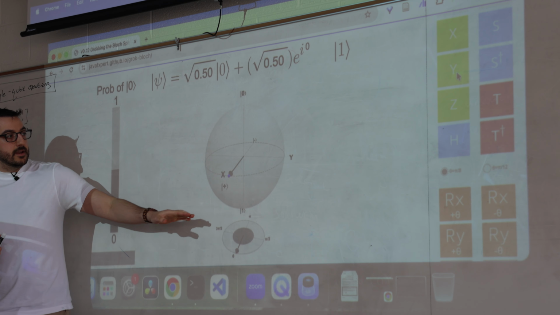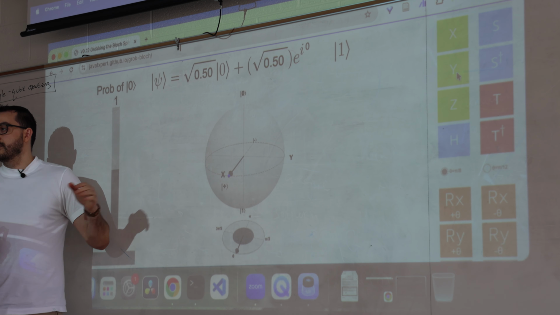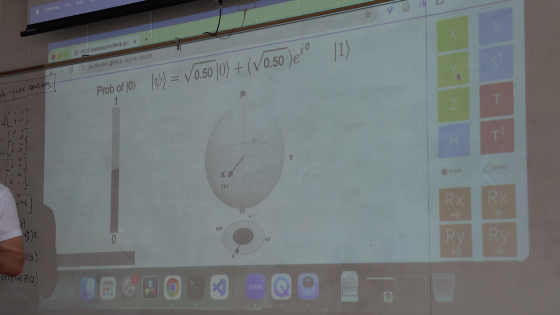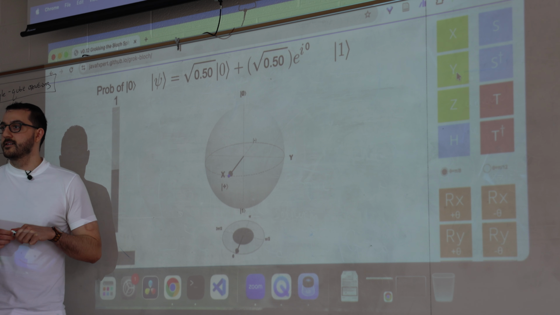Do you think that we would be able to get anywhere on the Bloch sphere with these discrete gates? Would this form a universal gate set, or do we need those rotations for any angle theta? Any thoughts one way or the other?